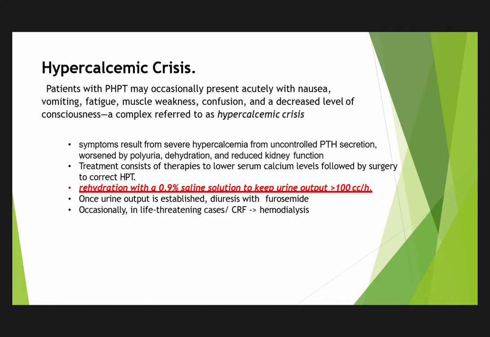It presents with nausea, vomiting, fatigue, muscle weakness, confusion, disorientation, and chronic renal failure. So what should we do here? Unfortunately, only hemodialysis. Hypercalcemic crisis mostly presents in people with parathyroid malignant tumor.